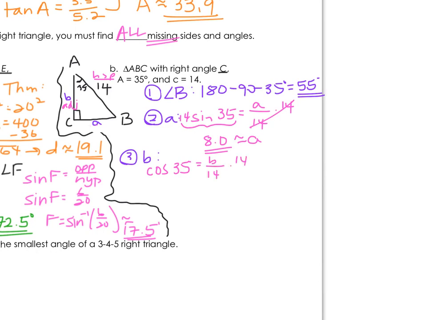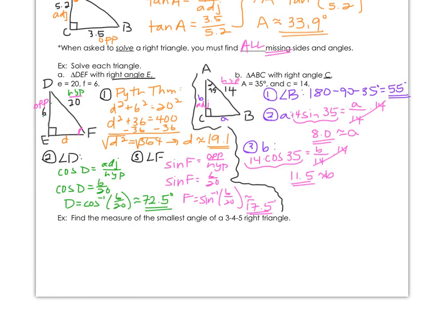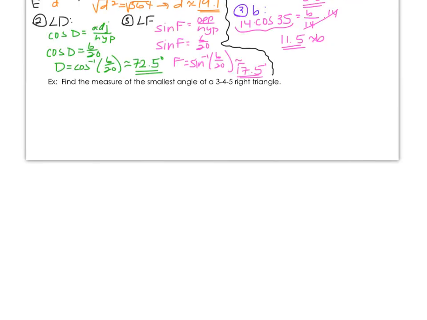And we multiply both sides by 14 again. A pretty consistent process. Type that into your calculator all at once to get approximately 11.5. Anytime you're asked to solve a right triangle, you'll follow the process on the left or the right, depending on the order that you have your given information.